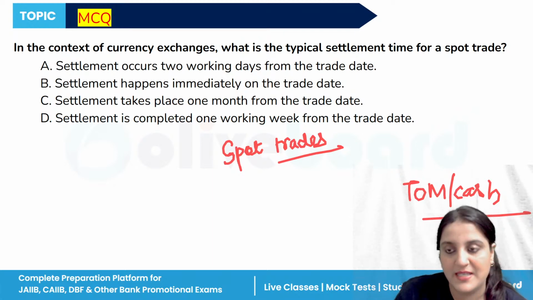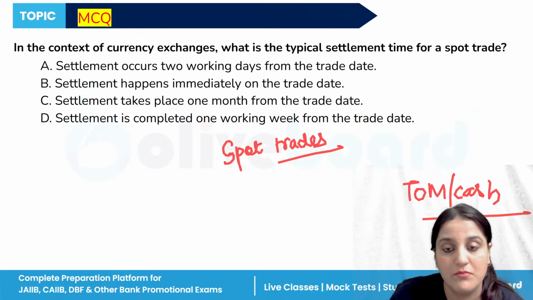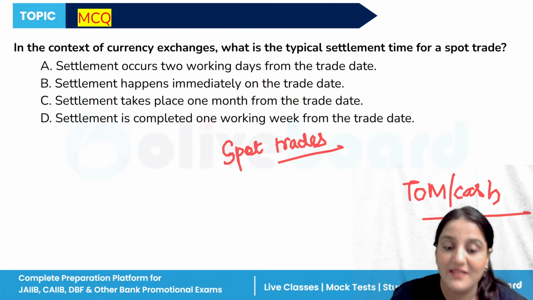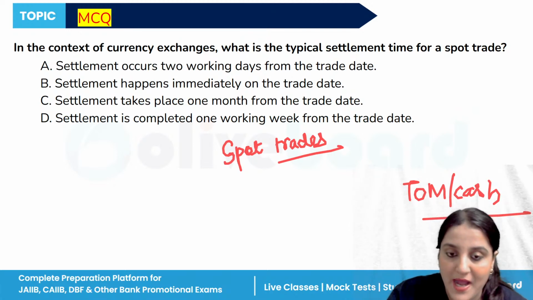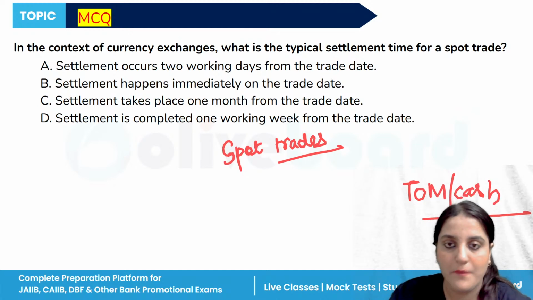unless stated otherwise. These TOD and TOM rates are generally quoted at a discount to the spot rate, so the rate is less favorable to the buyer of the currency. So option A is correct here.